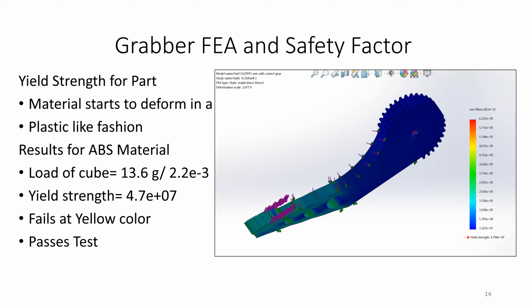The yield strength was 4.7 times 10 to the 7th power. As you can see to the right, it is all the way to the yellow. It is close to the red, which means that it fails at that color. But since everything was below the yield strength, that means that our part passes the test. Next slide, please.